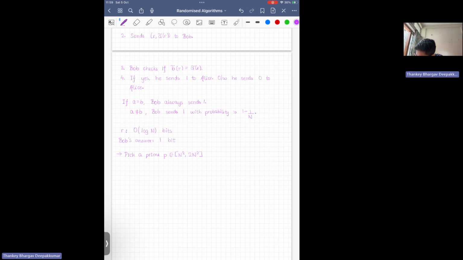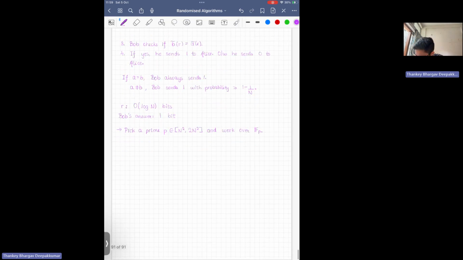And work over F_p. Recall that F_p is the field which contains elements from 0 to p minus 1. The addition is mod p, the multiplication is mod p.